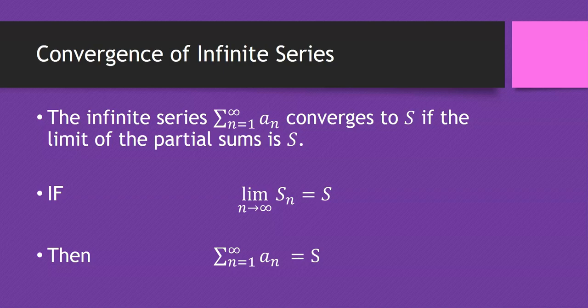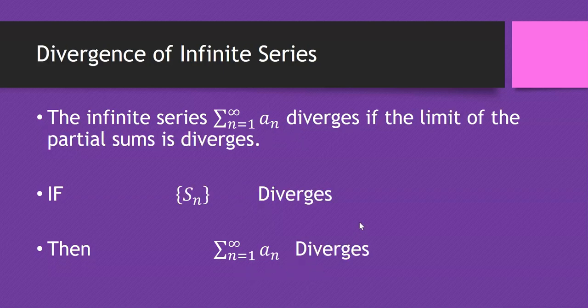An infinite series converges if the partial sums have a limit which is a real number, and then we say the series adds up to S, or the series is equal to S. In the same vein, the series diverges if and only if these partial sums diverge.